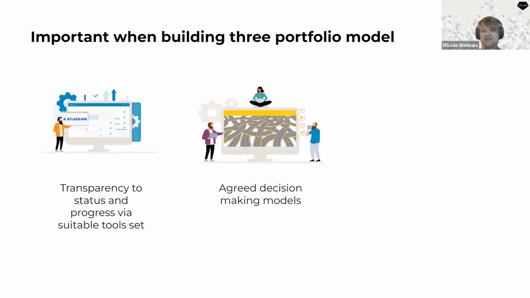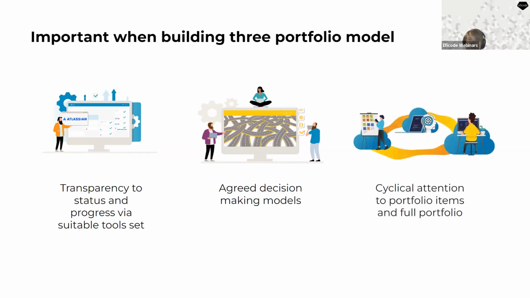Then these decision-making models, I think we've discussed these already, but every month or every two months, we come to the offering portfolio, we check the dashboards, we make the decisions. There might be agreed decisions like marketing campaign, sales campaign, kill the product, something like that. Agree what you can decide for different products and features. And then this cyclical attention.